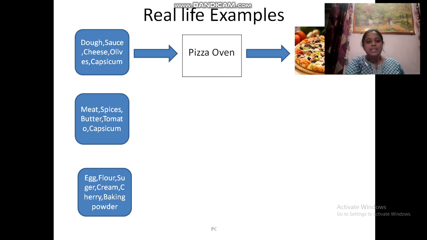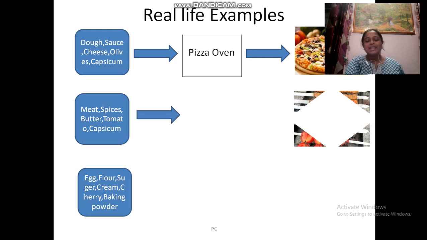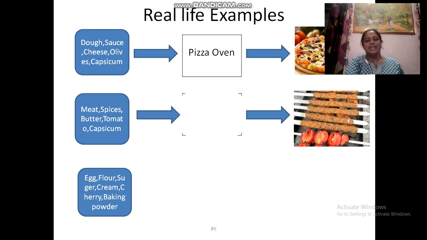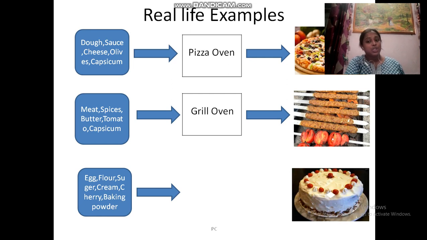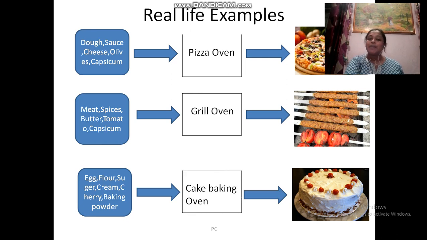Now meat, spices, butter, tomato, capsicum can make a delicious kebab by putting the mixture into the proper grill oven. Now the third one is egg, flour, sugar, cream, cherry, baking powder, and this can make a delicious sweet cake, which can be made with the help of a cake baking oven.